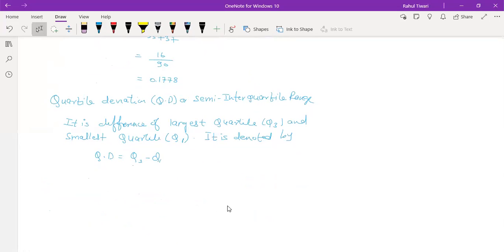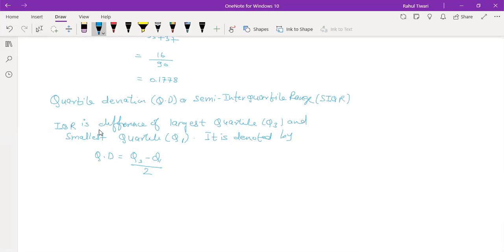Let me define IQR first. What is IQR? Interquartile range.